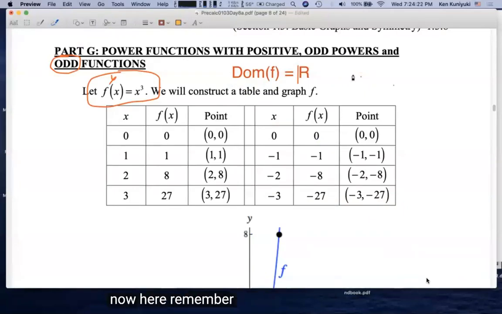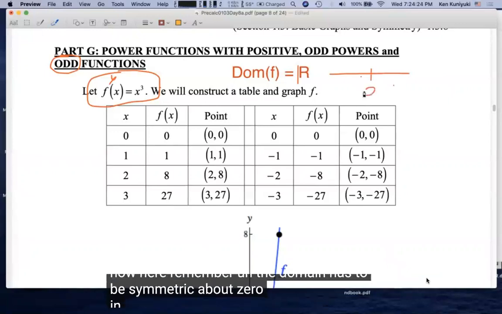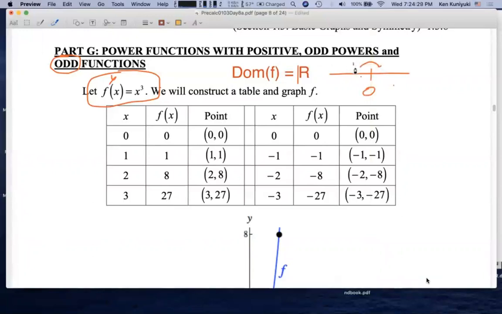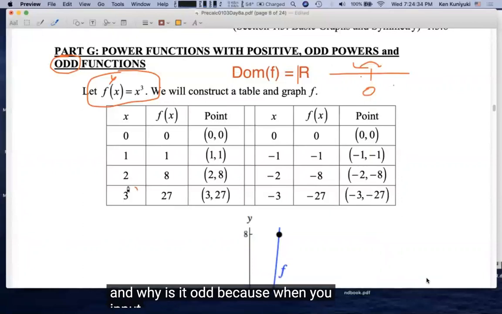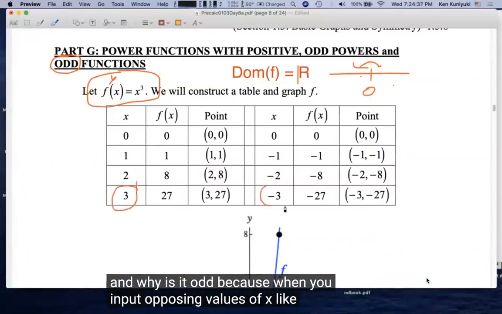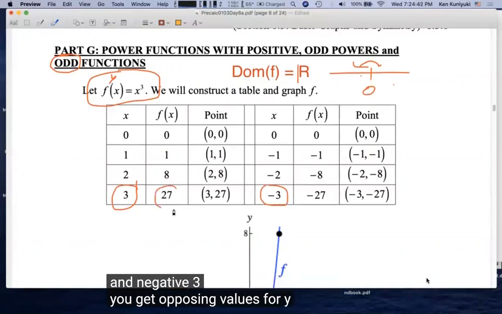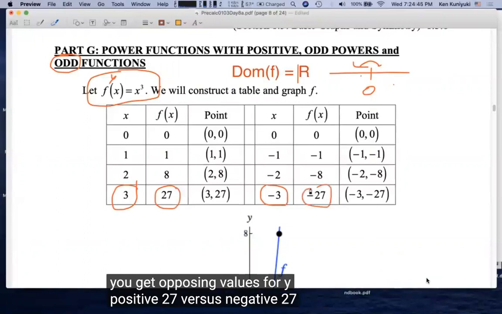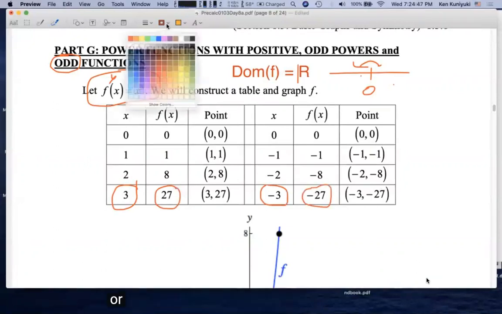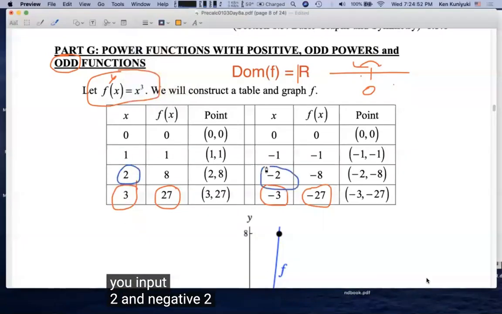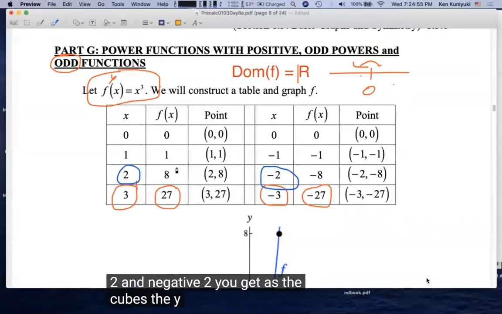Now here, remember, the domain has to be symmetric about 0 in order for a function to be either even or odd. And why is it odd? Because when you input opposing values of x, like 3 and -3, you get opposing values for y. Positive 27 versus -27. Or if you take more humble numbers, if you input 2 and -2, you get as the cubes, the y coordinates, 8 and -8, which are opposites.